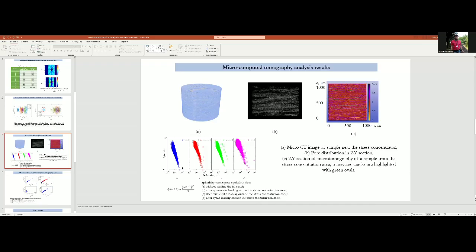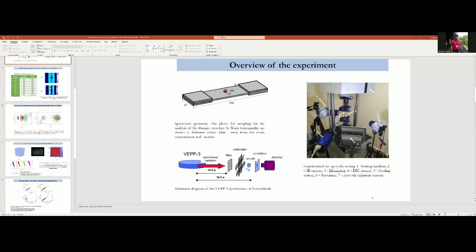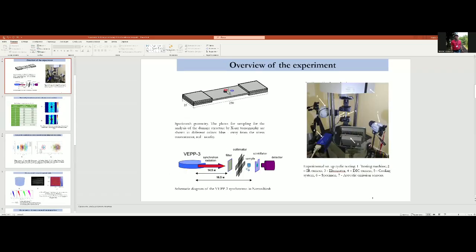Here we can see that for the initial specimen, we have a slope with a value of -1 in power. And for the specimens, for probes, I forgot to say that there were different probes, close to the vicinity of the crack and far away from it.